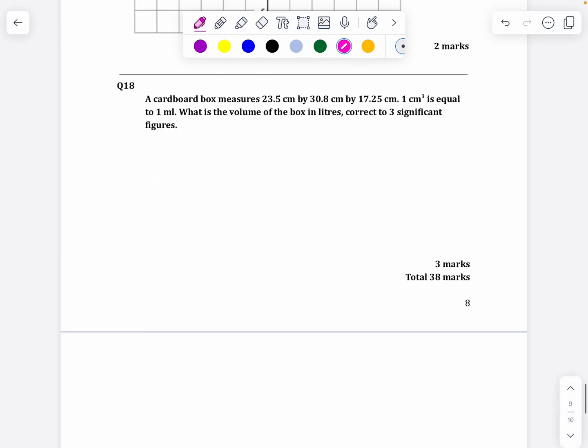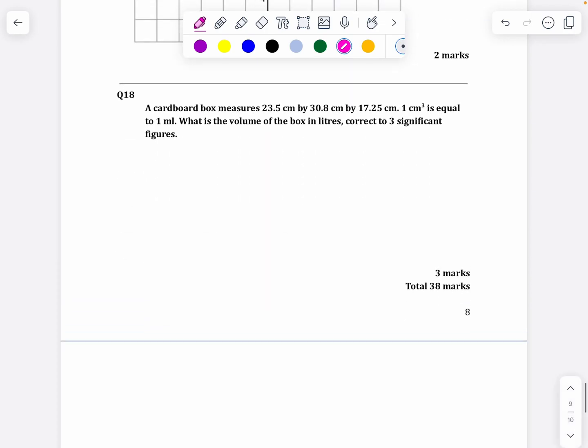Okay. All right, last question then, which I know some of you didn't quite like. You have a cardboard box measuring 23.5 centimetres by 30.8 by 17.25. 1 centimetre cubed is equal to 1 millilitre. What is the volume of the box in litres, correct to 3 significant figures?